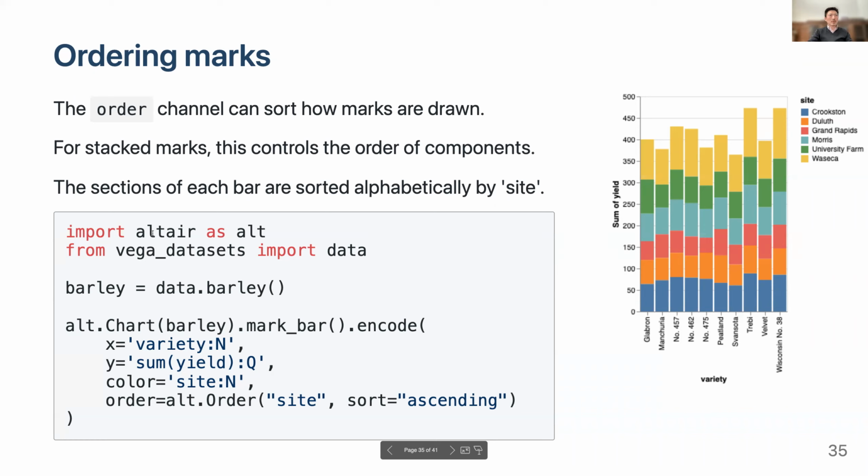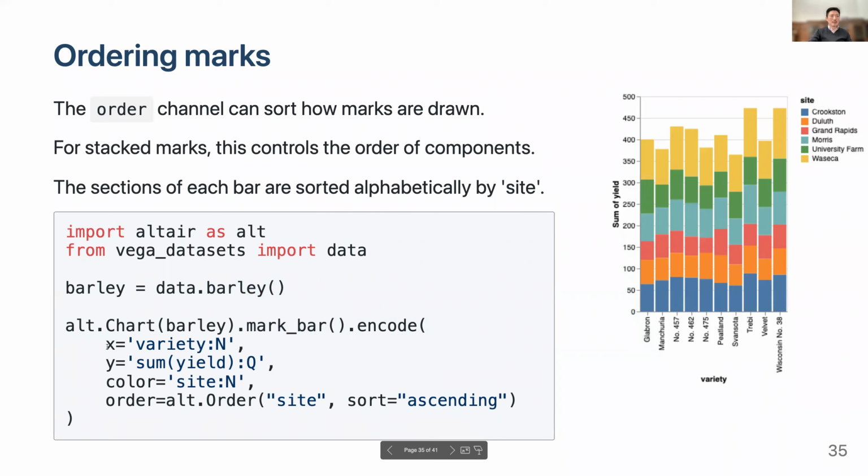We are importing Altair and getting the data library. The particular data we are using is called barley. I don't know exactly the context. So you make the chart, it loads the barley data set, the mark will be bar, and then you do the encoding.